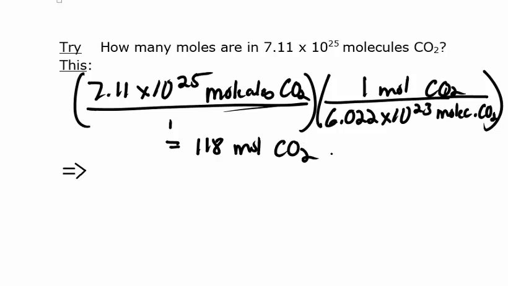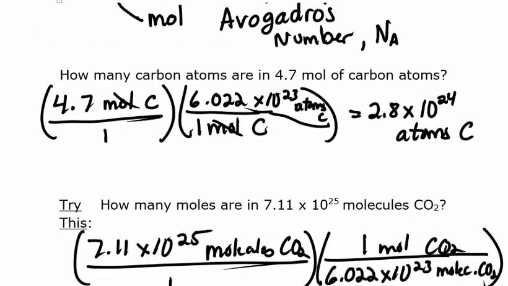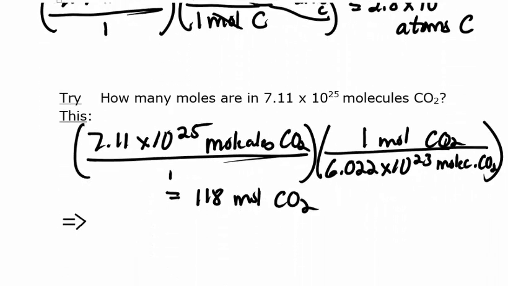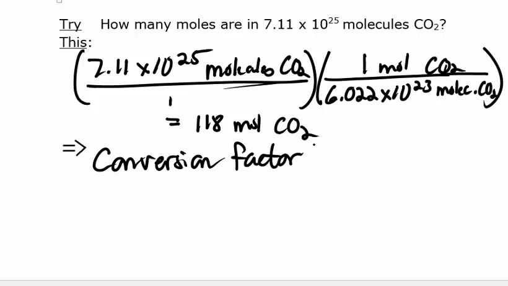All right, so notice that this conversion factor was the same for CO2 and for just carbon. It did not matter what we're converting. The conversion between moles and counts is the same. It's Avogadro's number. So this conversion factor is the same for all items.